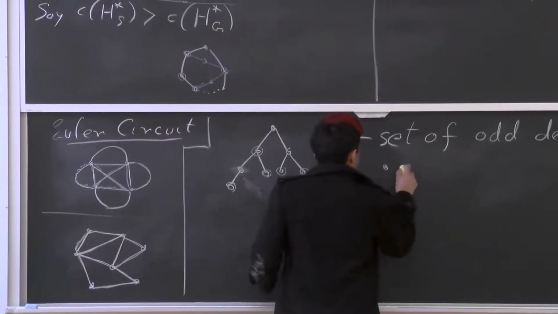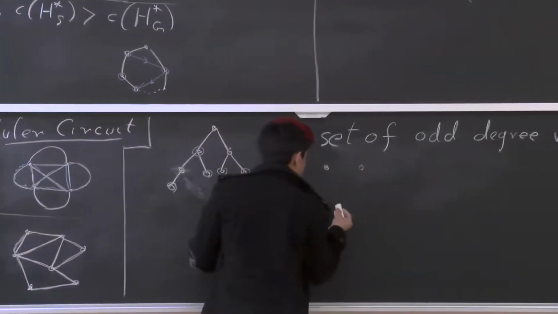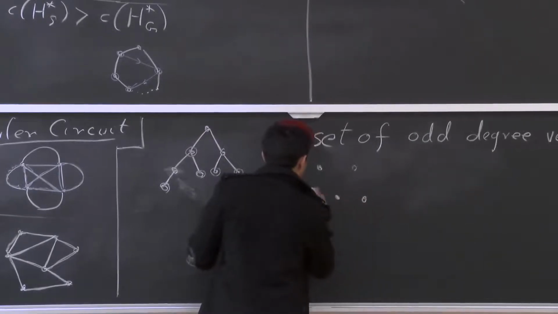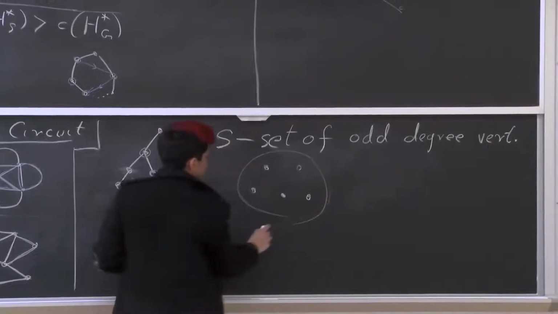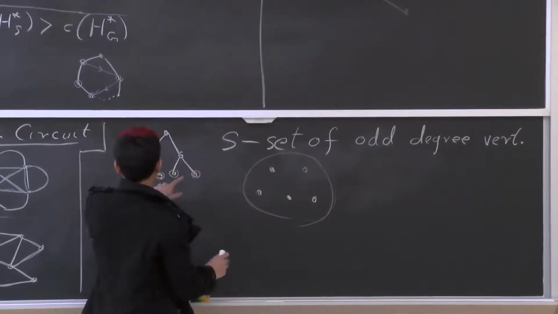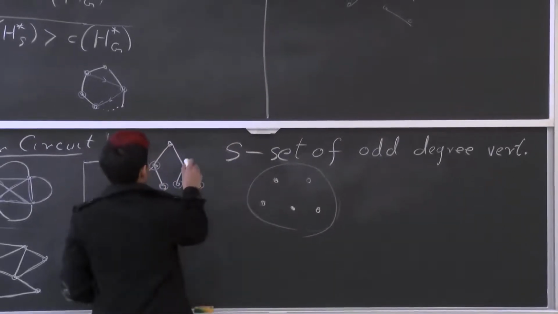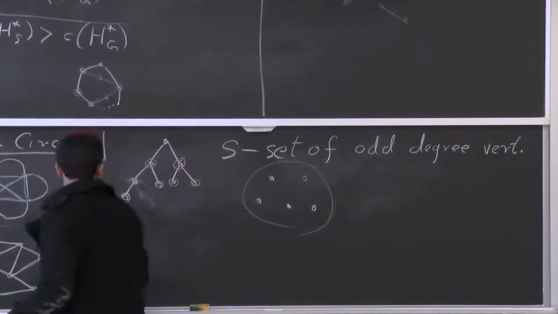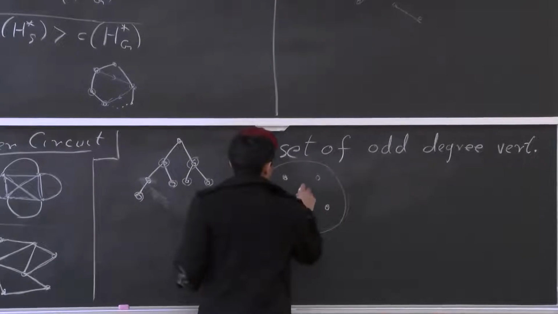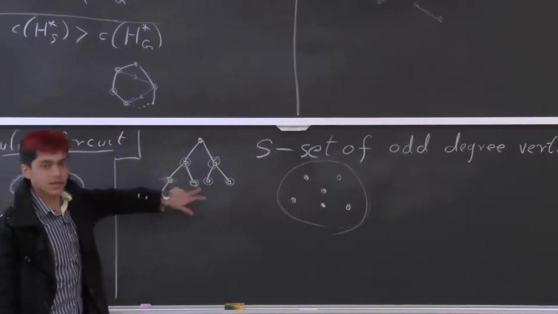So you take these 5 vertices, and you consider the graph that is restricted to these 5 vertices. Oh, sorry, there should be 6. So those are your 6 vertices which have odd degrees.